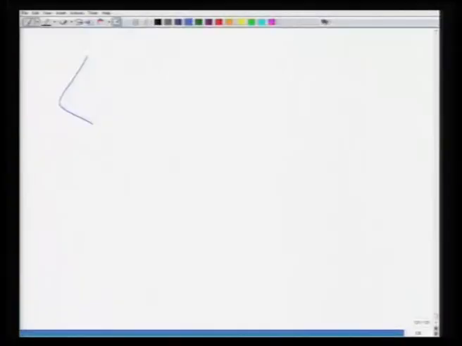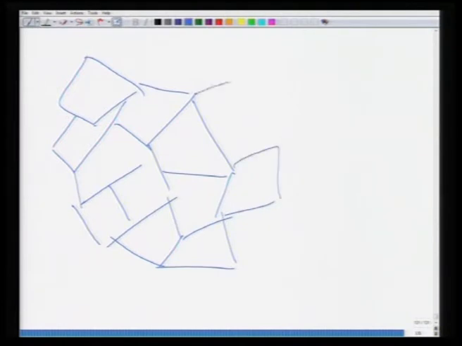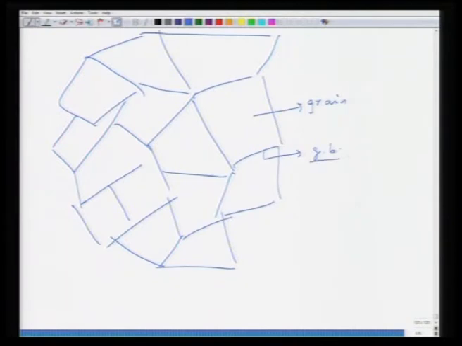Let us say you have a polycrystalline material of a variety of grains. So now this is your grain, and this is your grain boundary.